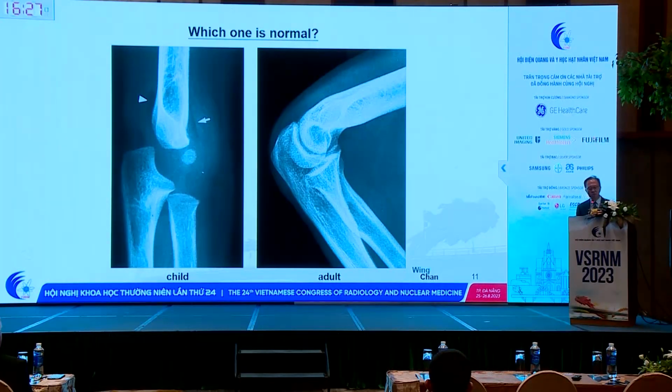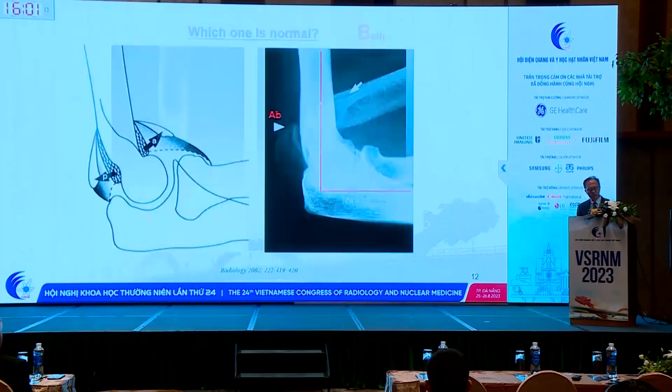So don't use an extended elbow to take the radiograph, okay? Both are normal. So with extension, both anterior and posterior fat pad signs are normal. And with flexion, without a fat pad sign, is normal. Very confusing. So we use only 90-degree flexion to look at the fat pad sign.